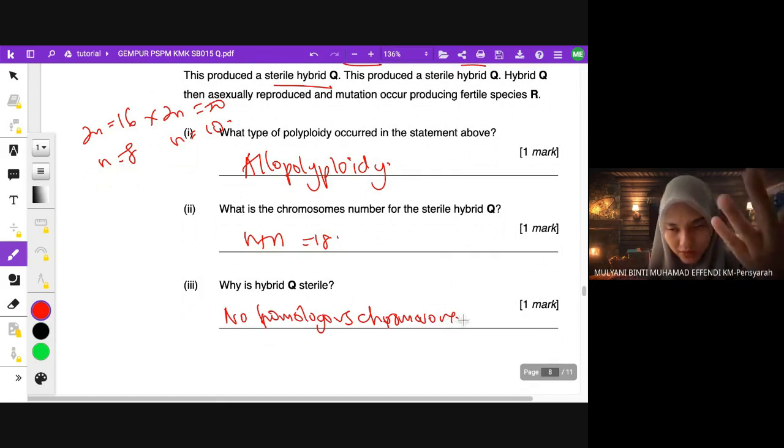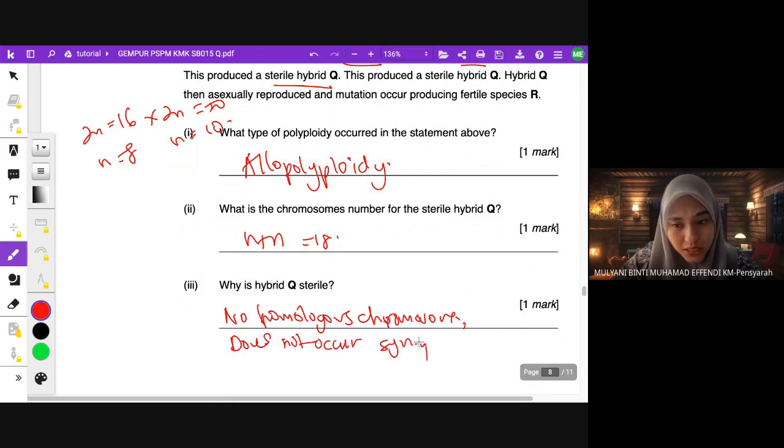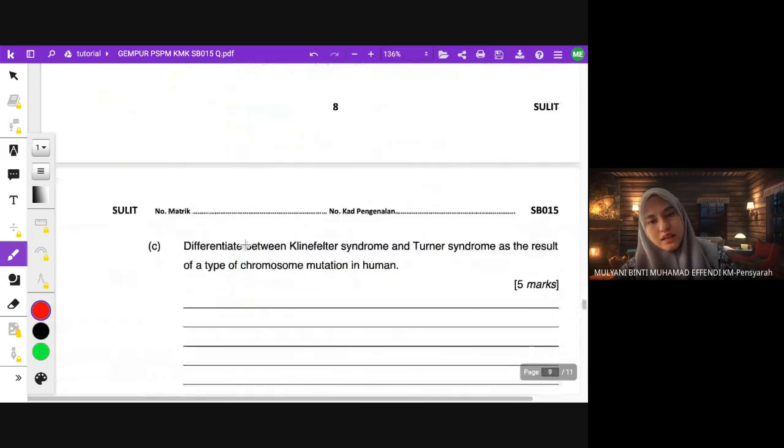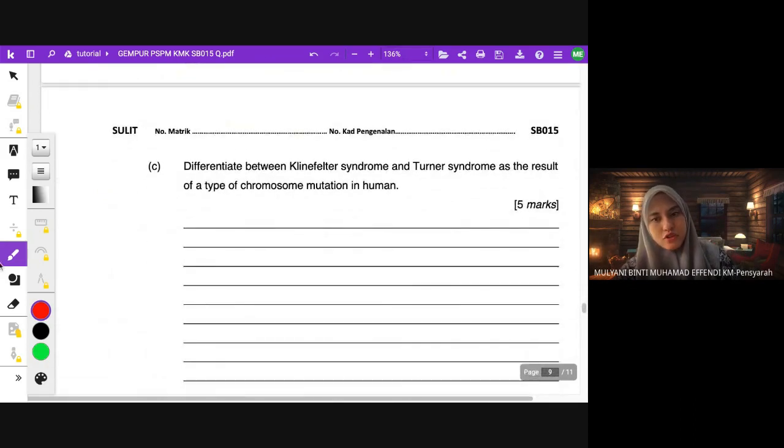Jawapan lain kalau markah dia lebih pada 1, does not occur synapsis ataupun crossing over. Lepas tu mungkin lagi satu, cannot produce gamete. Okay. So next, differentiate between Klinefelter syndrome and Turner syndrome as the result of a type of chromosome mutation in human.